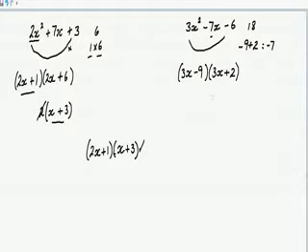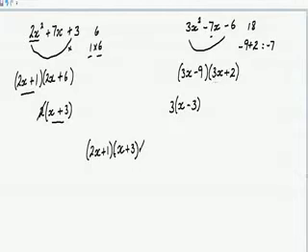So now what I do is I look to see, is there anything I can factorise out. Now here 3 and 9 have a connection. So the biggest number that goes into 3 and 9 is 3. So 3 times x will give me 3x, and 3 times minus 3 will give me minus 9.